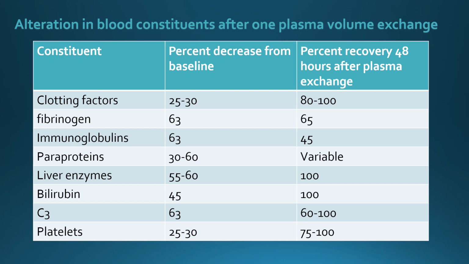For liver enzymes, there is a 50 to 60 decrease from baseline, and recovery is 100%. For bilirubin, 100% recovery with a decrease of 45. For complement 3, there is 60 to 100% recovery after 48 hours, with a decrease from baseline of 63. For platelets, the decrease is 25 to 30, whereas recovery is 75 to 100% after 48 hours.